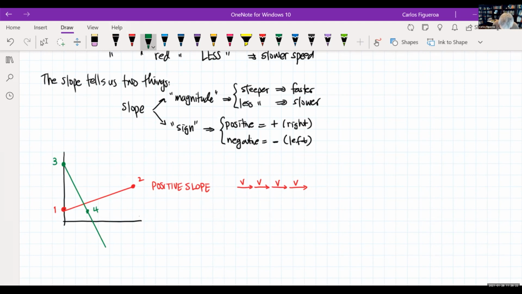The green slope here is a negative slope. This negative slope tells us that we're moving in the negative direction, in other words, in this direction. Since this slope is steeper, of course, I'm going to have a higher speed.